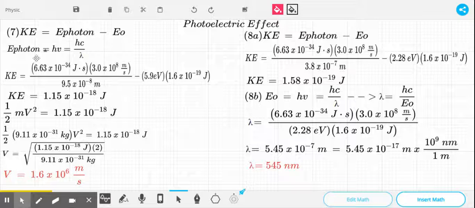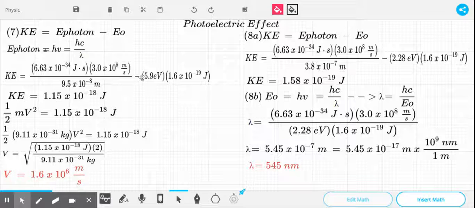To find the energy of the photon, E equals h times frequency, which can be translated to h times the speed of light over the wavelength, which will be 6.63 times 10 to the power of negative 34 joules times seconds, times the speed of light, which is 3 times 10 to the power of 8 meters per second. And the wavelength is 95 nanometers, but we will convert it to meters, which will be 9.5 times 10 to the power of negative 8 meters.